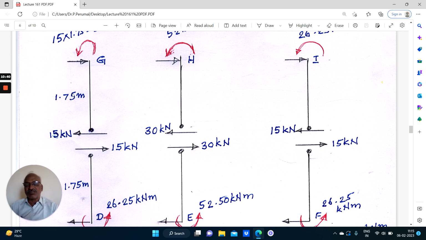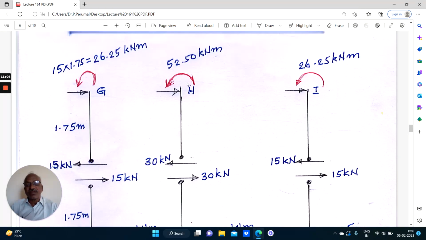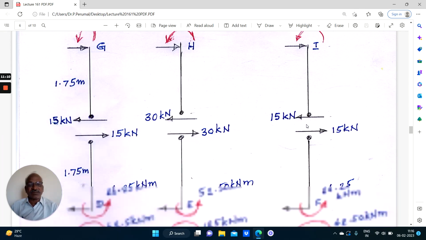So now this free body is in equilibrium. Second, we know the shear at this level is 30, 2 times S1, with the same 1.75, for making sigma H equals 0. These two will cause a clockwise moment of 30 into 1.75, so there is an anti-clockwise moment equal to 52.5. Same thing here.